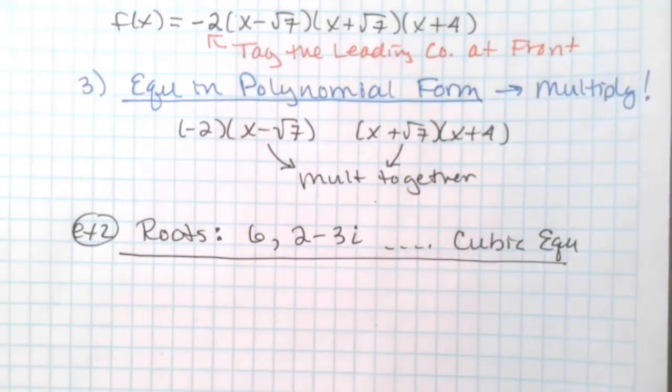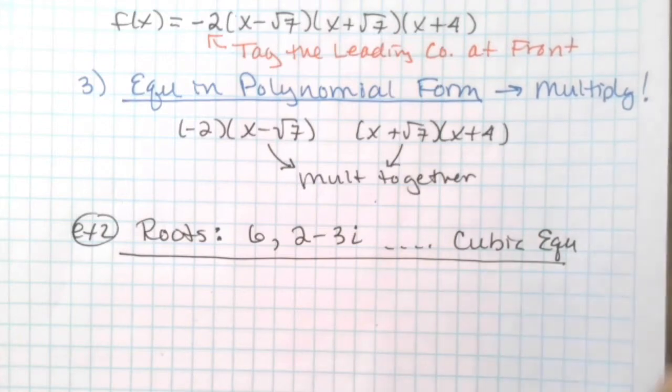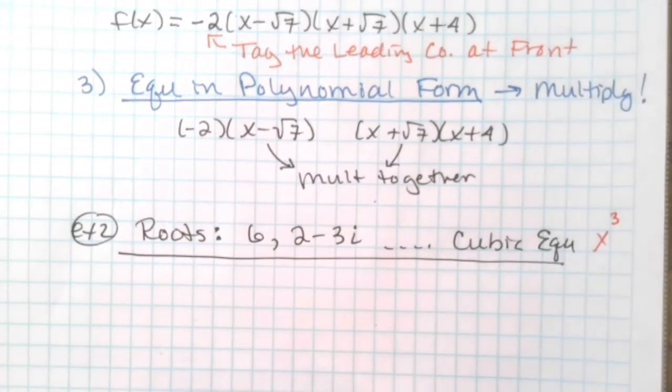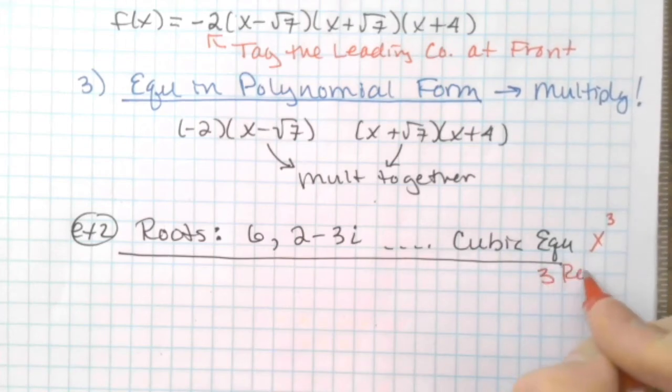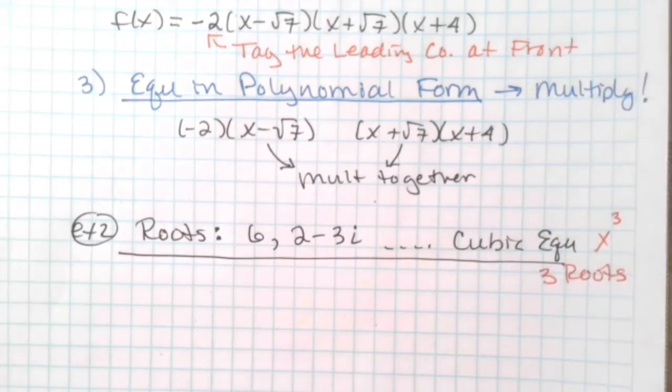All right, so what they're expecting, you only have 2 roots. For a cubic, which is x cubed, you need to have 3 roots. Remember the n roots theorem that says whatever the degree is, that's how many roots you have.